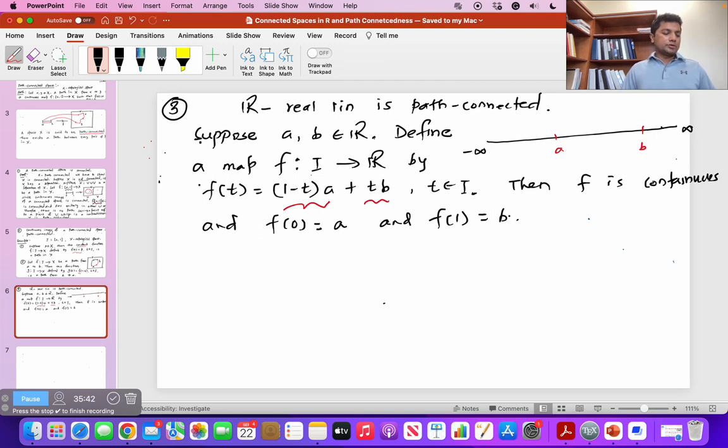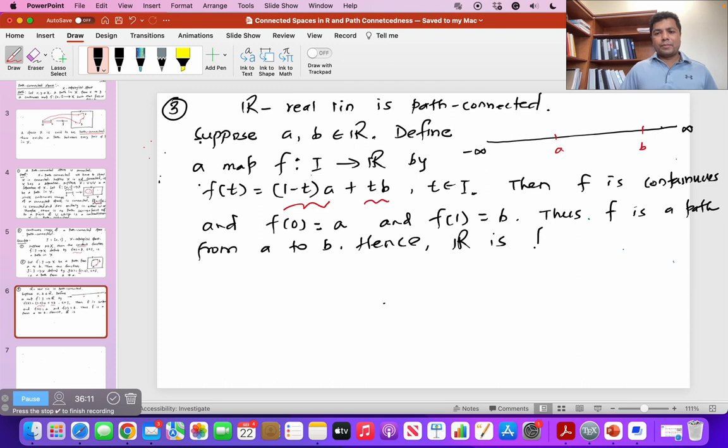So our function also satisfies the second condition. Thus f is a path from a to b. Since a and b are arbitrary real numbers, if we pick any pair of real numbers, we can find a path. So hence we can say that R is path connected.